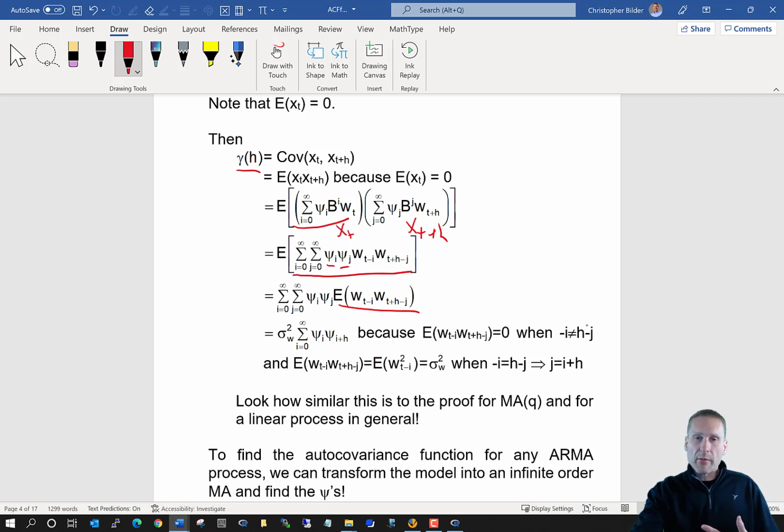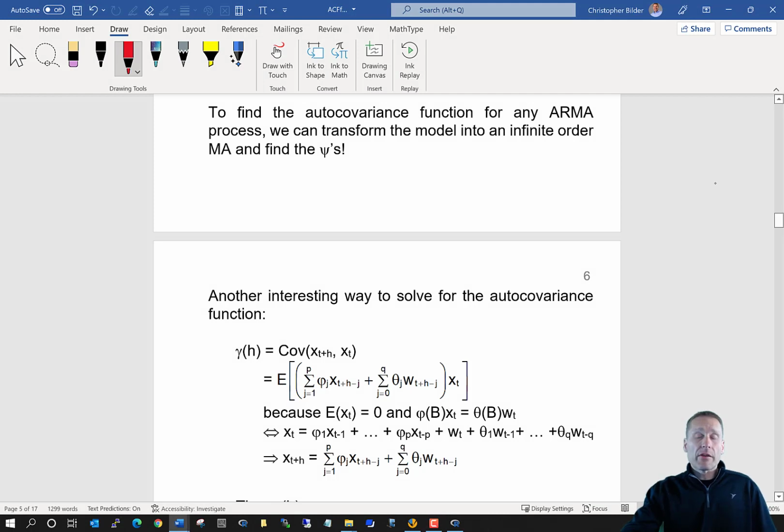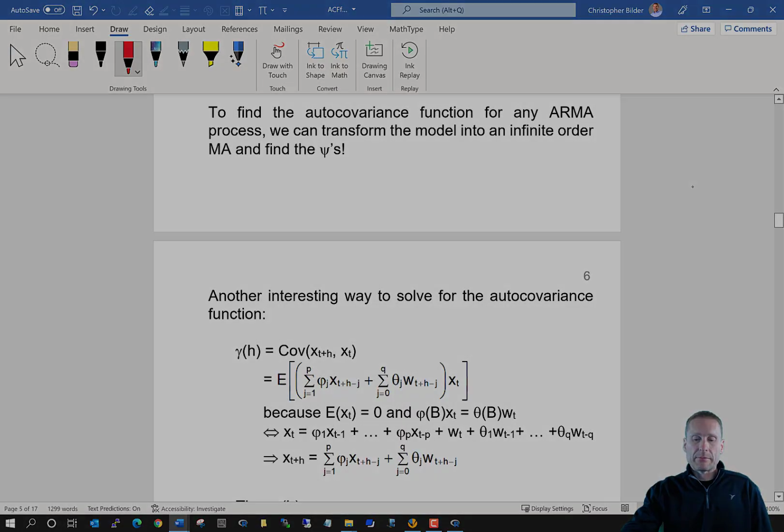So when the subscripts match up, we have basically an expected value of W sub t squared, which is equal to sigma squared W. Our summations now become just one summation, i equals 0 to infinity of psi sub i and psi sub i plus h. So this autocovariance function is written in terms of these psi's. We would like it to actually be written in terms of the phis and the thetas, and I'll have an example shortly that shows how to go about doing that.